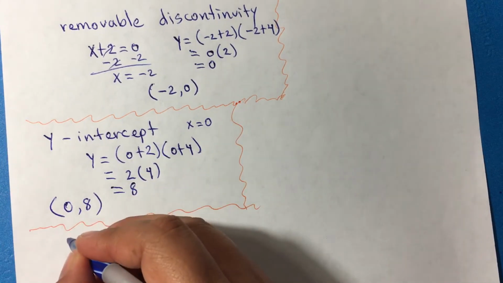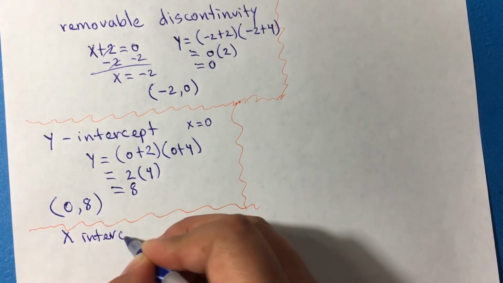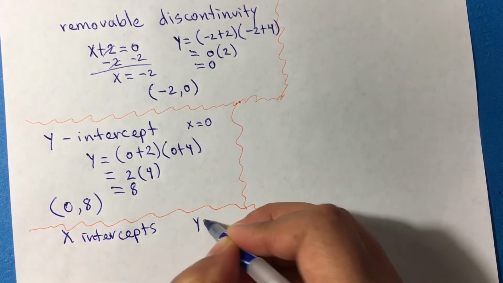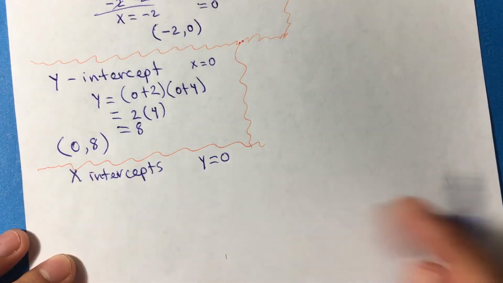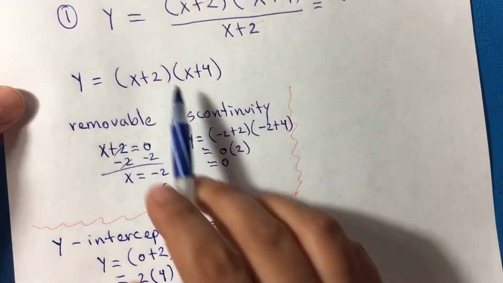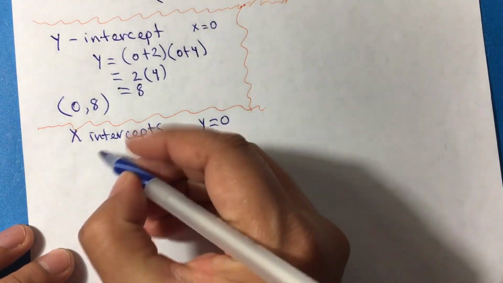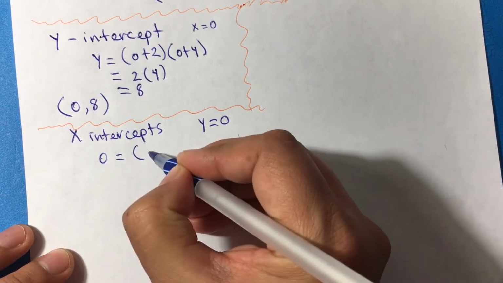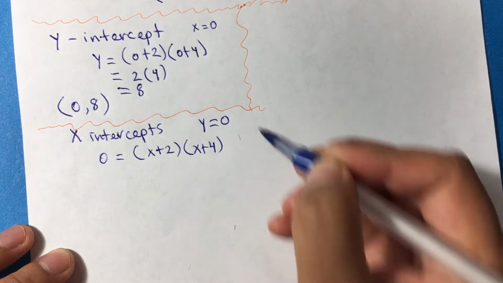Now for the x-intercepts, remember that y is equal to 0, so the opposite. From our simplified equation, we replace y with 0. So 0 is equal to (x plus 2) times (x plus 4).